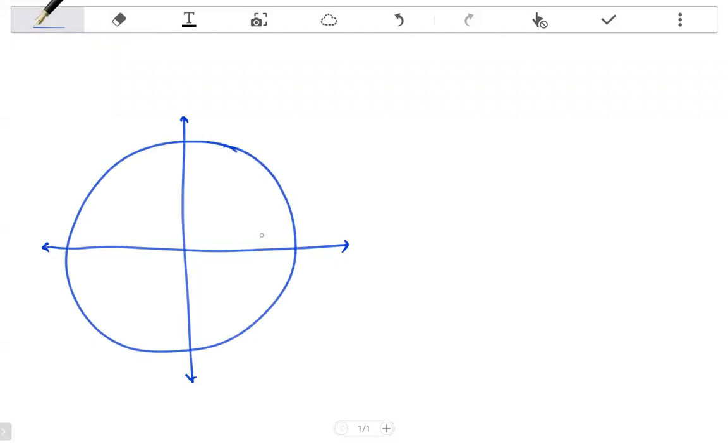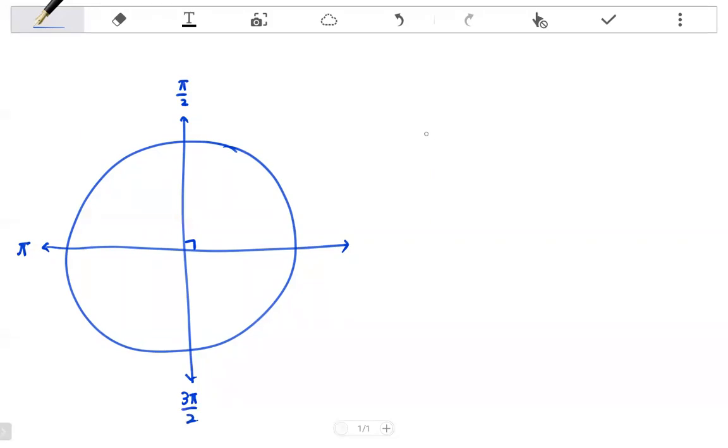So we said this is 90 degrees, but in radian terms, this is actually pi over 2 radians, right? 180 degrees is gonna be right here. So this is gonna be pi, and this is gonna be 3 pi over 2. Make sense? Yes. Okay. So let's try this then.